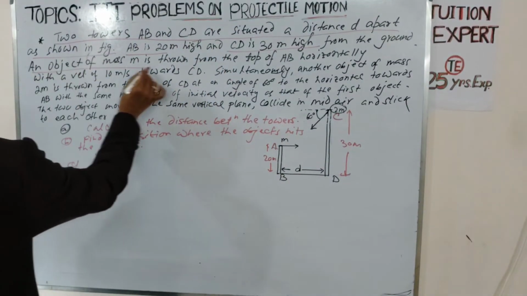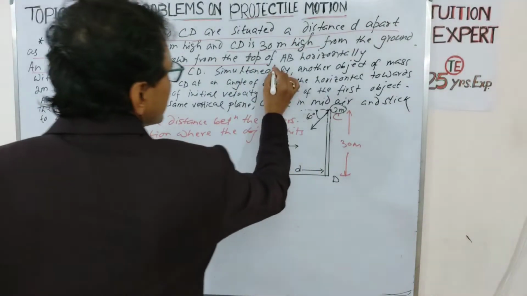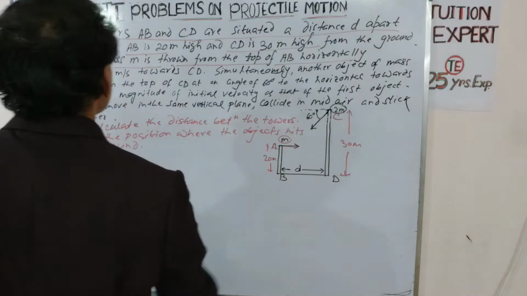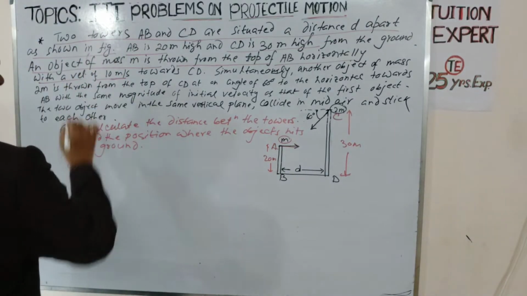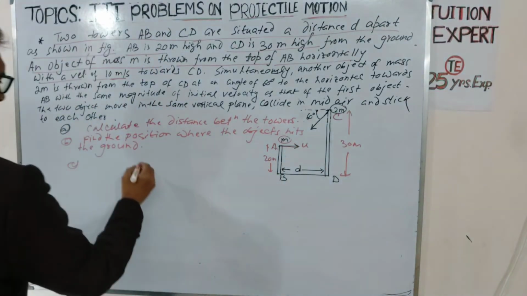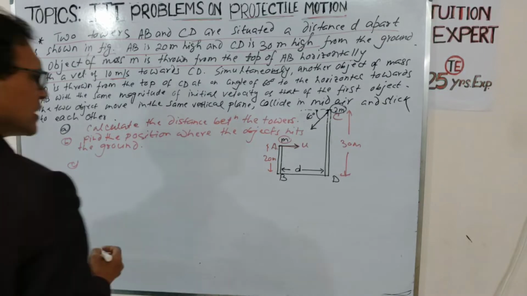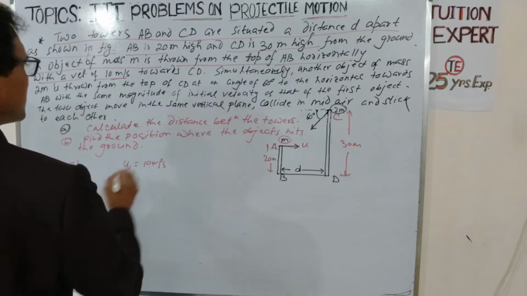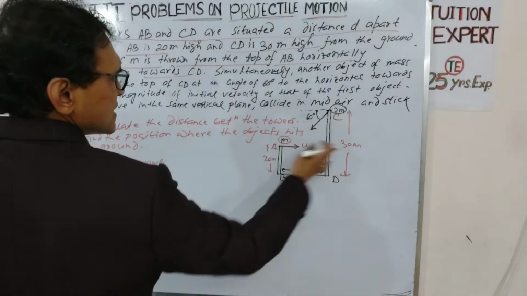An object of mass m is thrown from the top of AB horizontally with a velocity of 10 meter per second, u1 is 10 meter per second, towards CD.